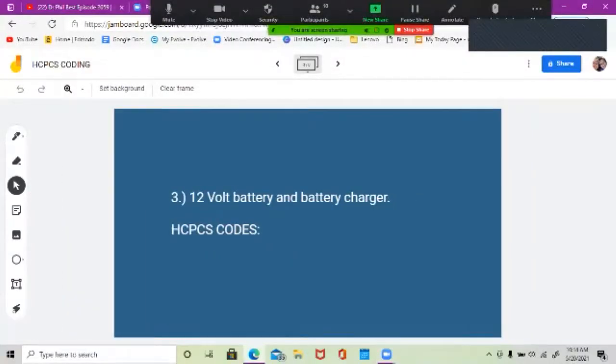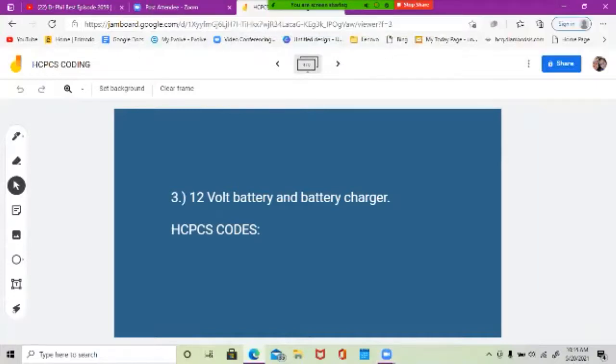Okay. A 12-volt battery and battery charger. I'm going to give you a little hint. You're going to need two codes because you need one for the battery and one for the battery charger.